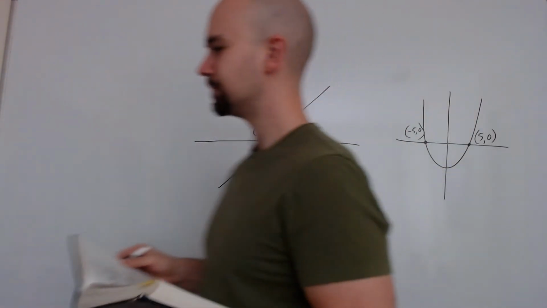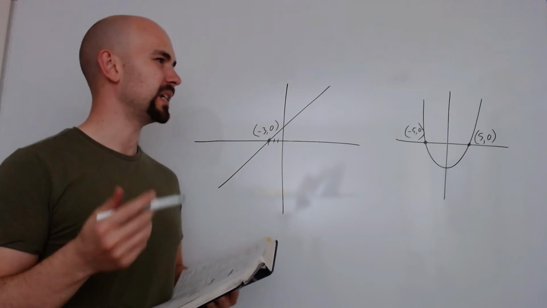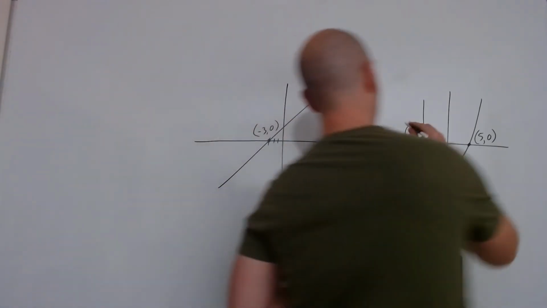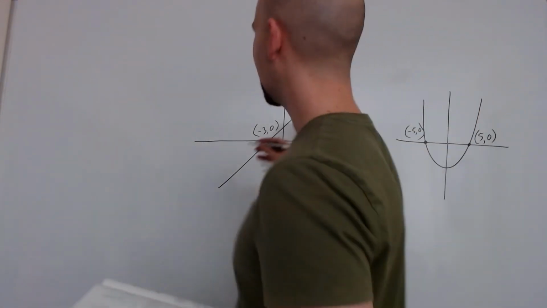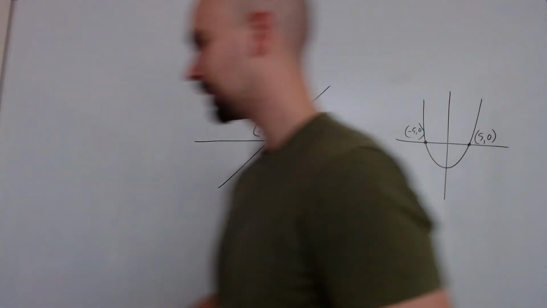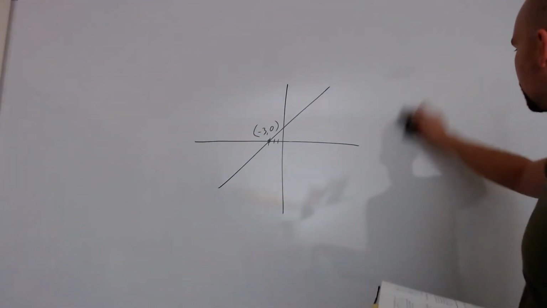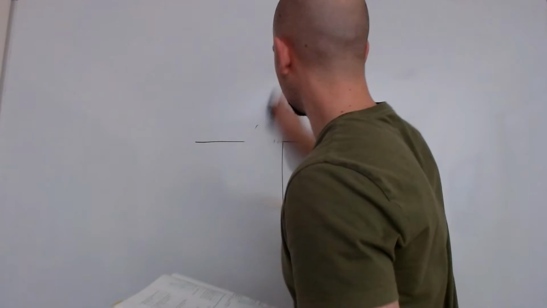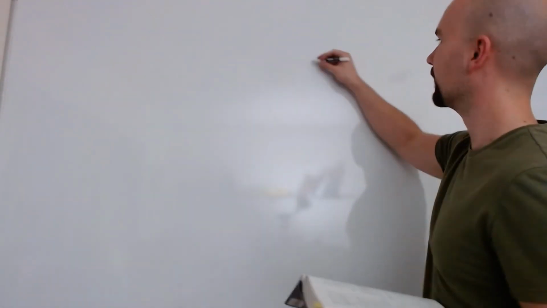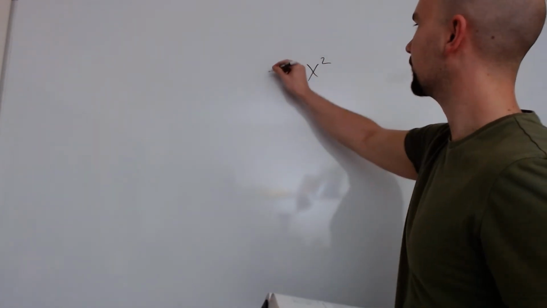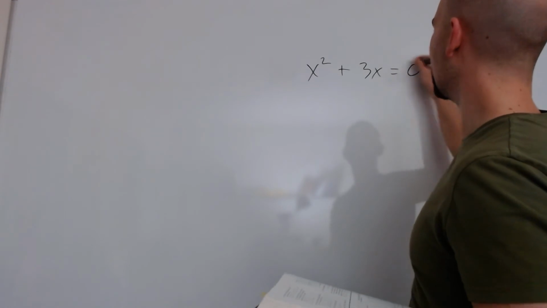Note to self, your x values on these equations, they will not be exactly the same, like x equals -5 and x equals 5, if the equation has additional clutter in it. If I had, for example, x squared, like, I don't know, plus 3x equals 0.